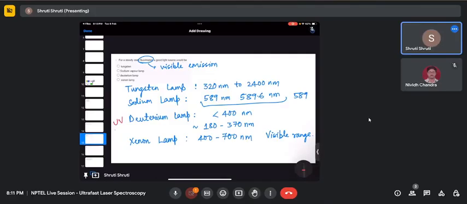I'll just write it down in one second. Yes, I can screenshot. This is by Dr. Prabhajot Singh, on fundamentals and applications of lasers.